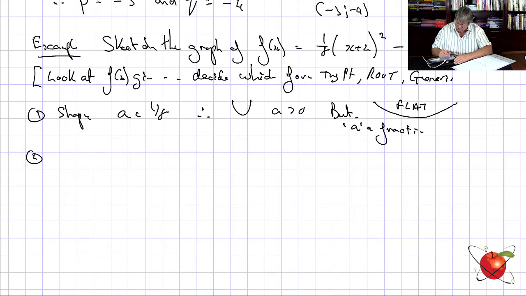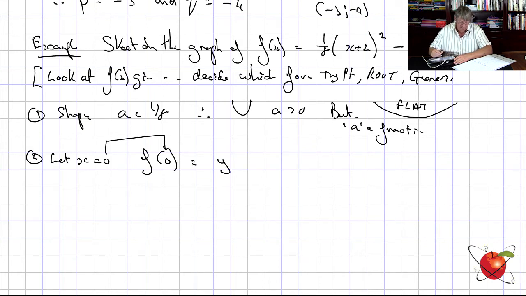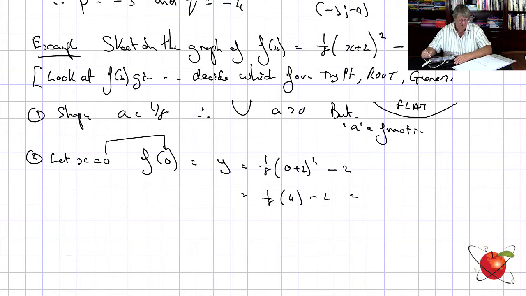That's the shape. Number 2, we say, okay, let x equal 0. F of 0, notice I'm just doing it this way for a change, is equal to y is equal to 1/8 of 0 plus 2, all squared minus 2, which is 1/8 of 4 minus 2, and my answer comes out to be minus 3/2.